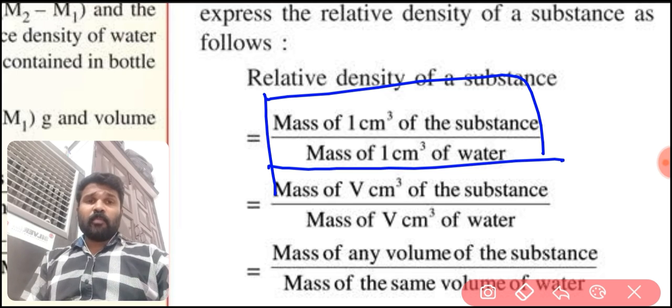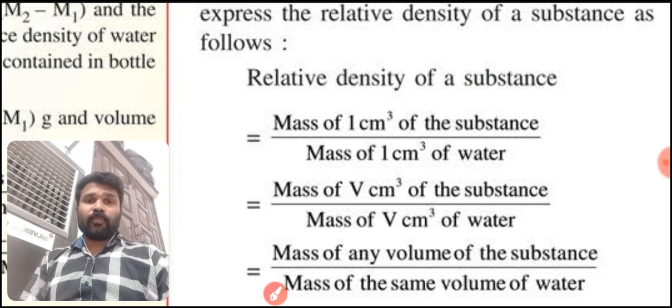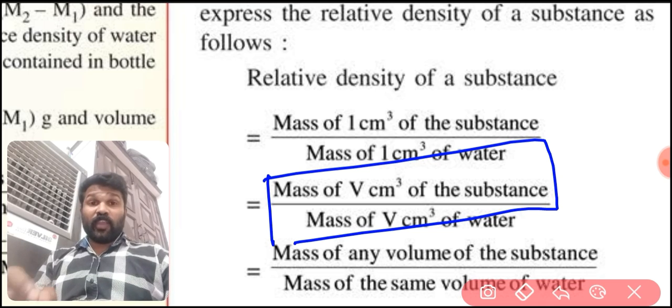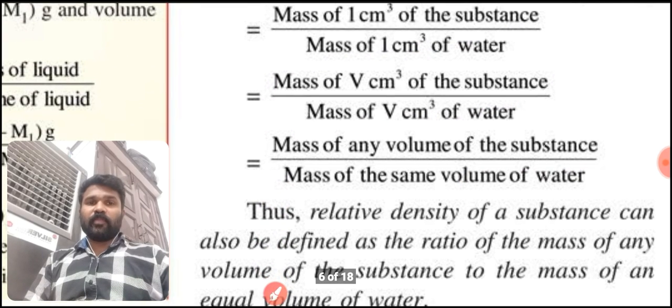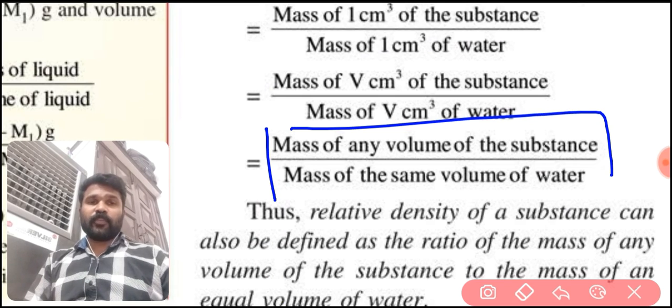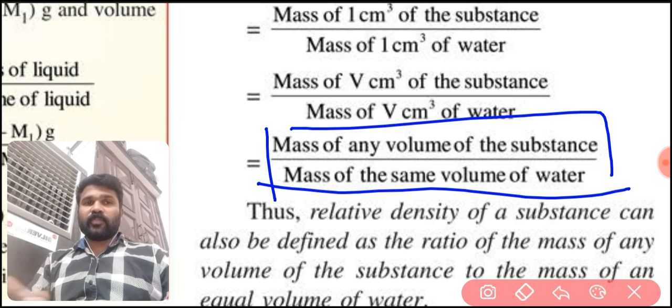That means mass of V centimeter cube of the substance divided by mass of V centimeter cube of water. That means mass of any volume of the substance divided by mass of the same volume of water.